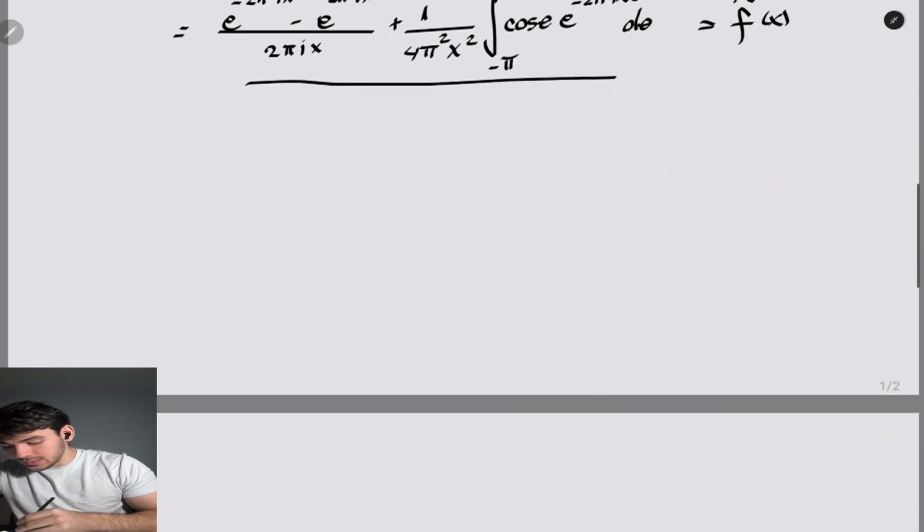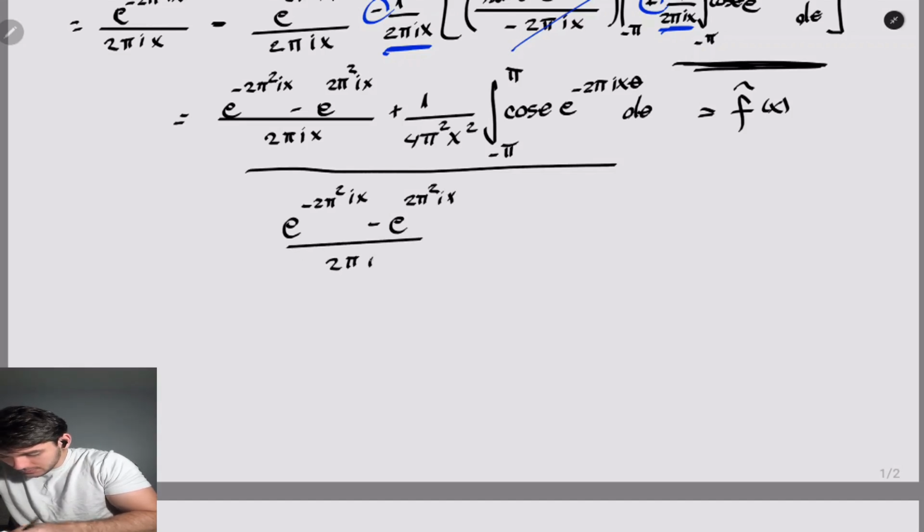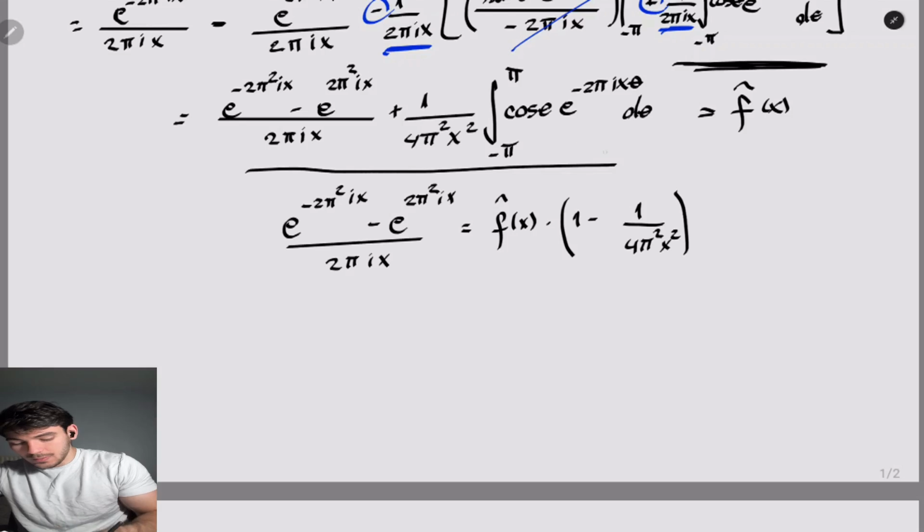So reorganizing the terms here, I'll have the same exponential divided by 2 pi ix. That's equal to our Fourier transform times 1 minus 1 divided by 4 pi squared x squared. I just moved this term here to the right as negative.